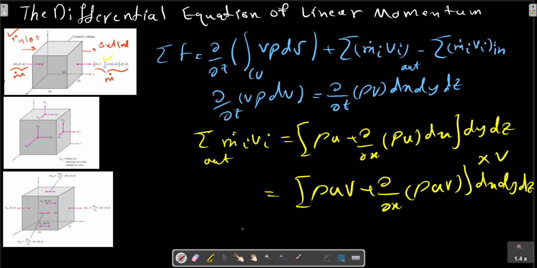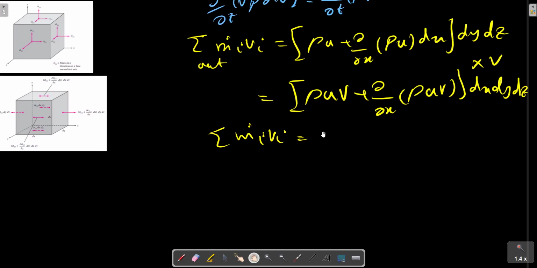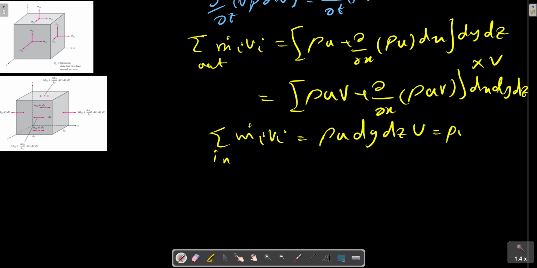So in the inflow, we have this relation for the flow inlet, which is rho u, m dot. This is m dot multiplied by V, which can be calculated with dy dz.